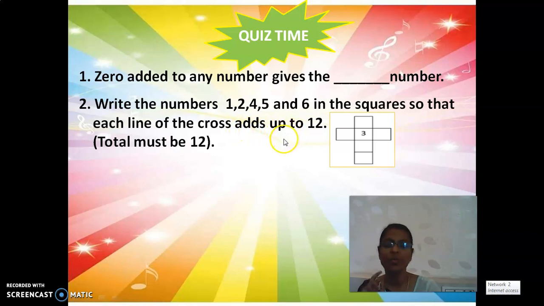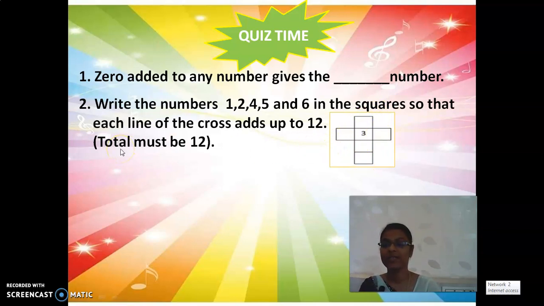So you have only two possibilities, isn't it? While adding vertically, you should get the answer as 12. And when you are adding horizontally, after adding, you should get the answer as 12. So one is the vertical, the other one is the horizontal.